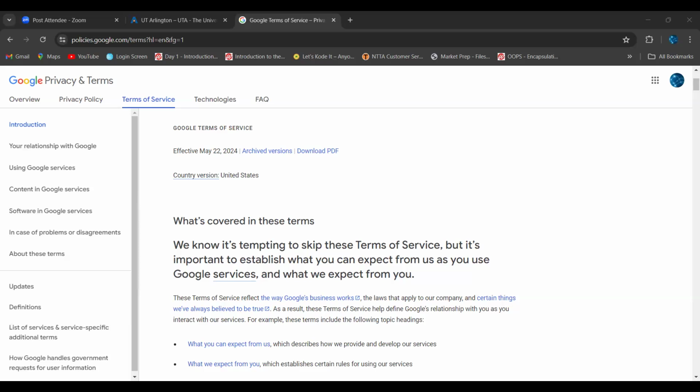So previously we have priority: low priority, medium priority, high priority.